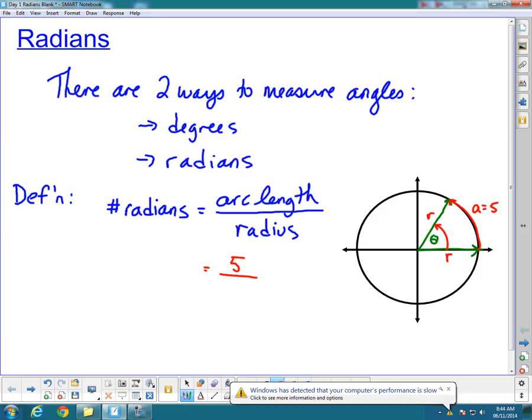And let's say in this case, we pretend that the radius was 3. If you take that distance of 5 around the outside edge, the arc length, divided by the radius, you get this new number. In this case, the number would be something like 1.6666666. We'll round it to 1.667 radians.